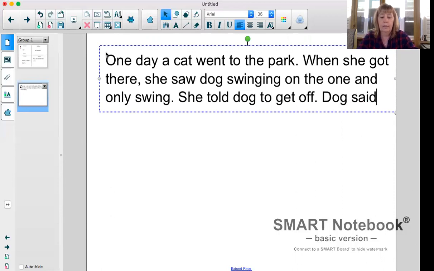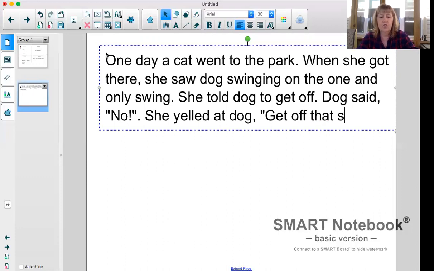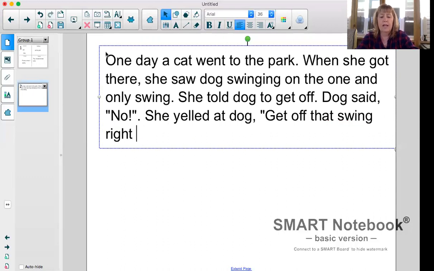Dog said, no. She yelled at dog, get off that swing right now. I want to swing by myself.